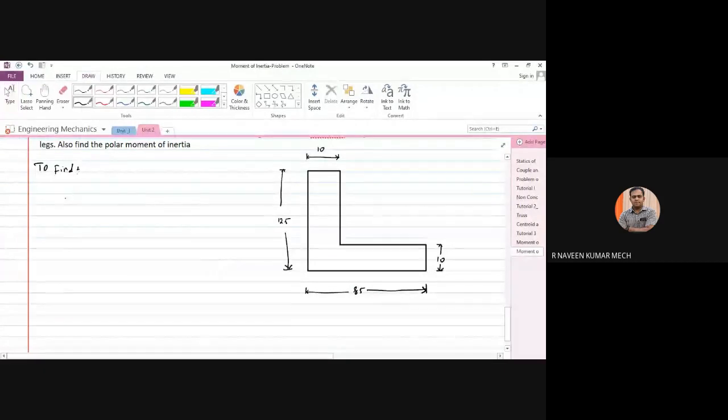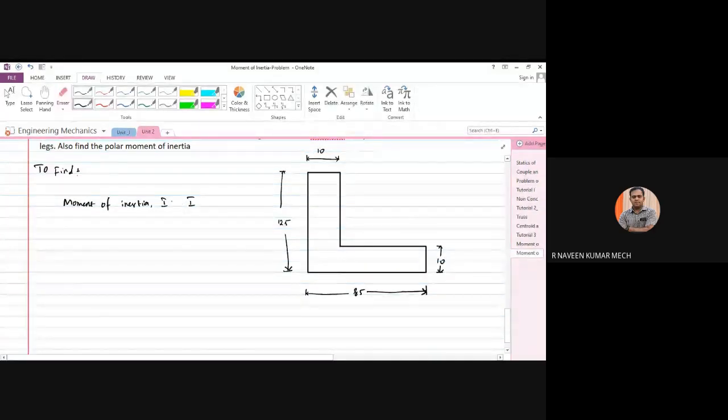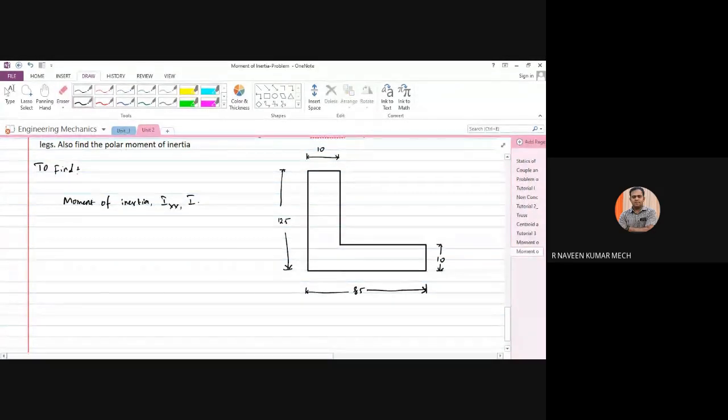For this, we want to find the moment of inertia Ixx, Iyy, and before that, we want to find the centroid, that is X bar and Y bar.